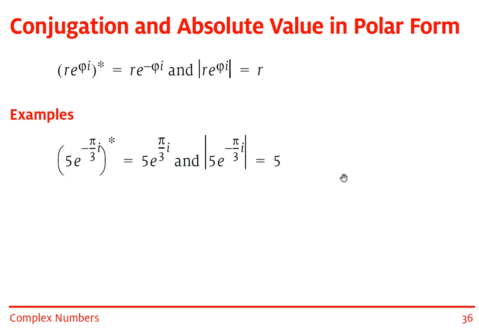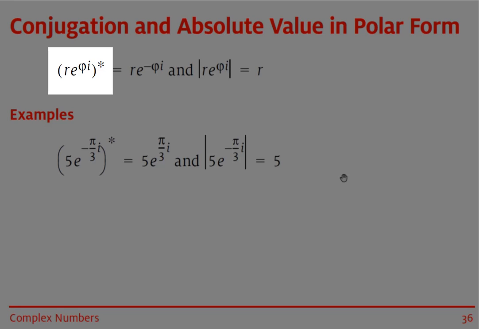Next basic operations are conjugation and absolute value, and both of them are very easy. For conjugating a polar form r times e to the power of phi i, you just invert the sign of the angle. So the conjugate of r times e to the power of phi i is r times e to the power of minus phi i.